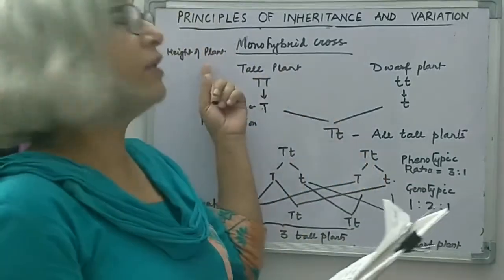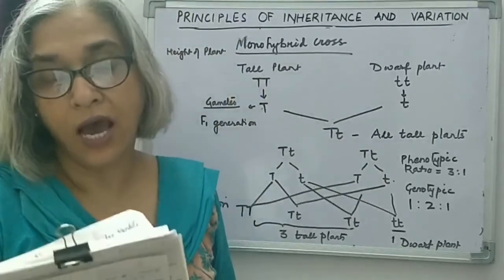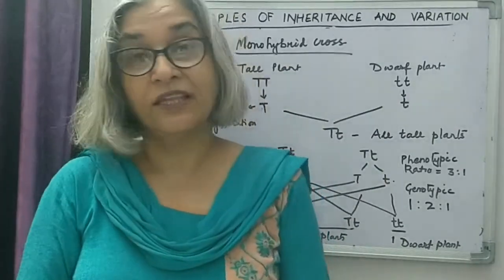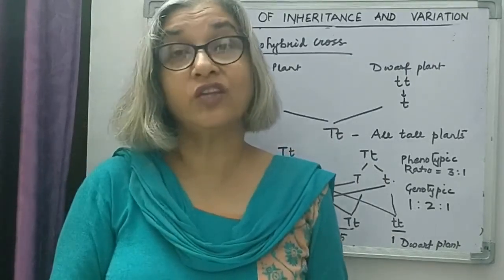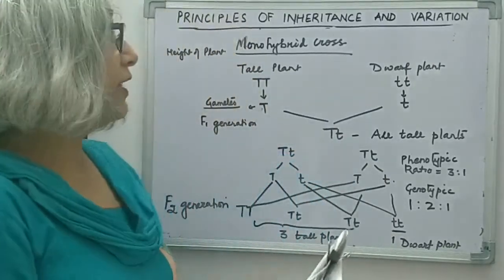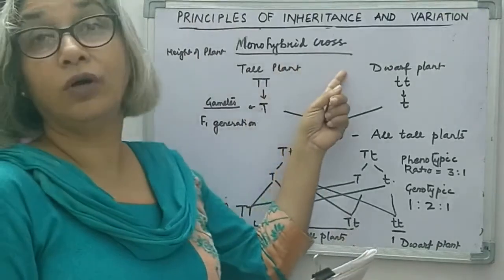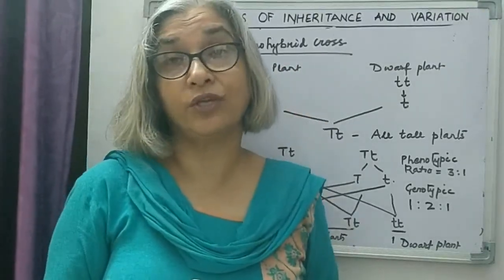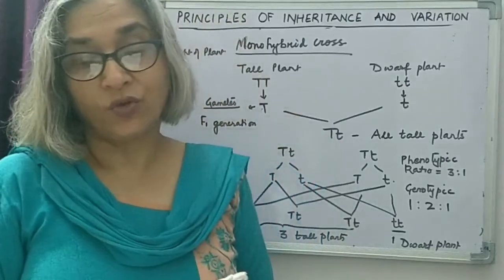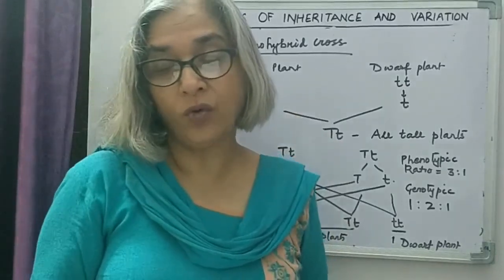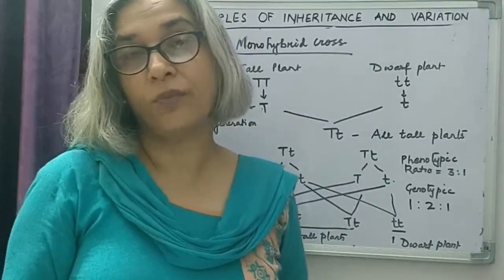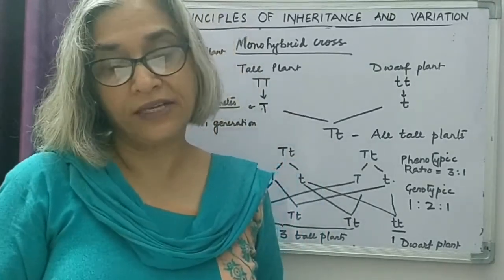Here the trait that we have taken into consideration is the height of the plant. Based on this, the first law, that is law of dominance, says that out of the two forms, the dominant character is going to be expressed. So law of dominance states that out of a pair of allelic forms, one is dominant and the other is recessive.